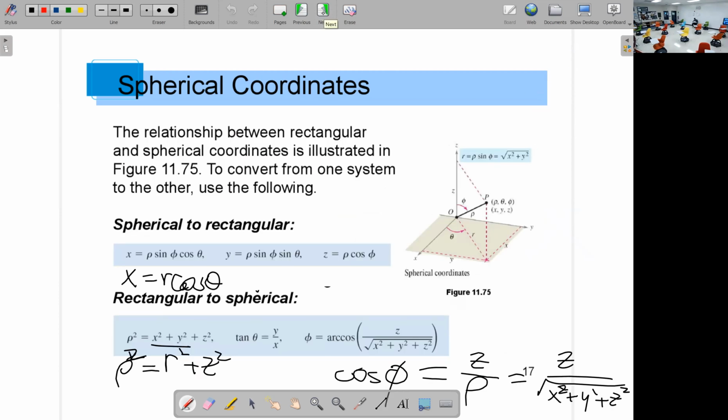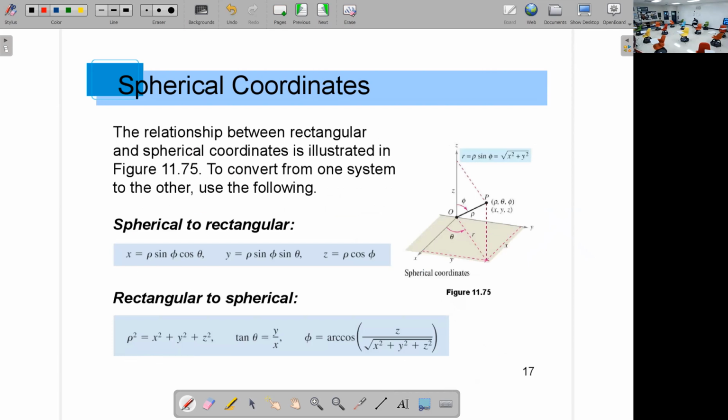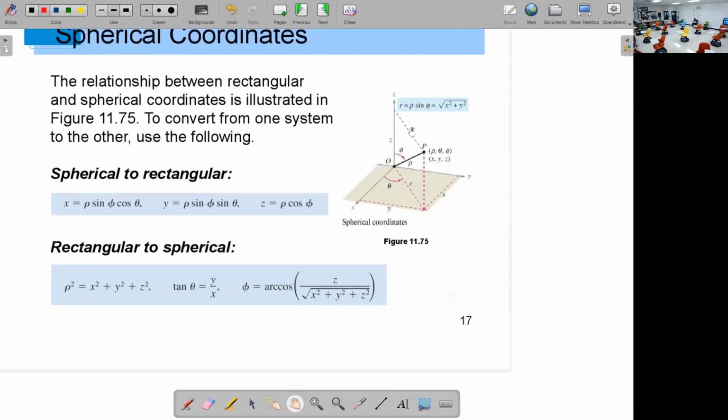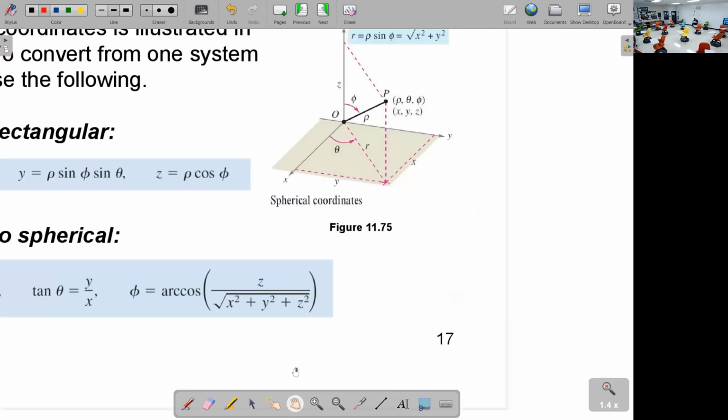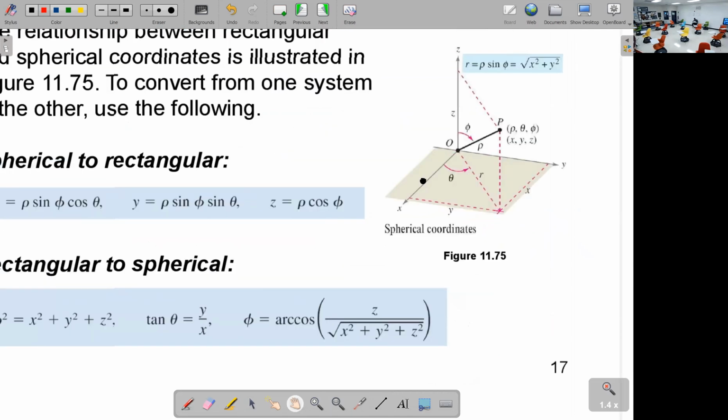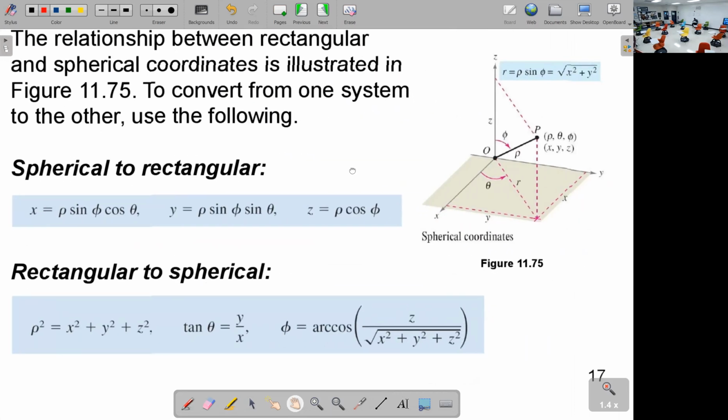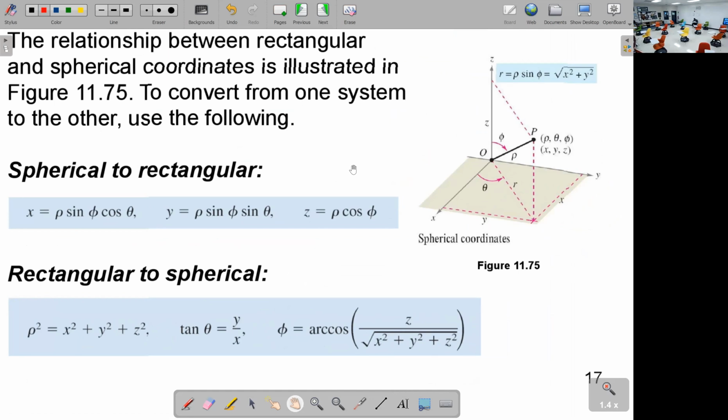So now our conversion, this is a bit of a mess here. Here are our conversion routines, but let's see if we can make sense of this. If you look at the appropriate right triangle, X, you know from polar, is equal to R cosine theta. Now what is R?